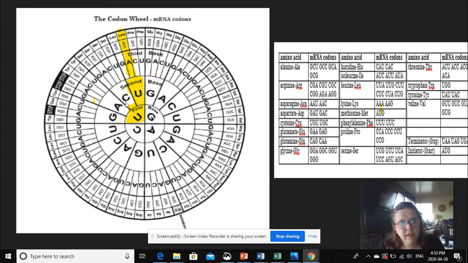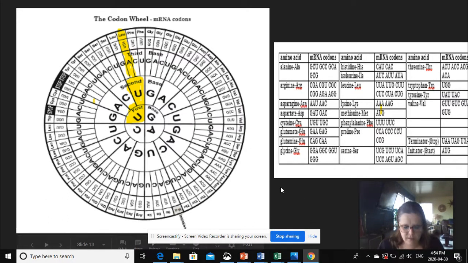So our first amino acid is leucine. So again, you just find your first base, so you know it's in this quadrant here. And then your second base, so you know it's in this little slice of the pie, the next one, and then you just follow it through.